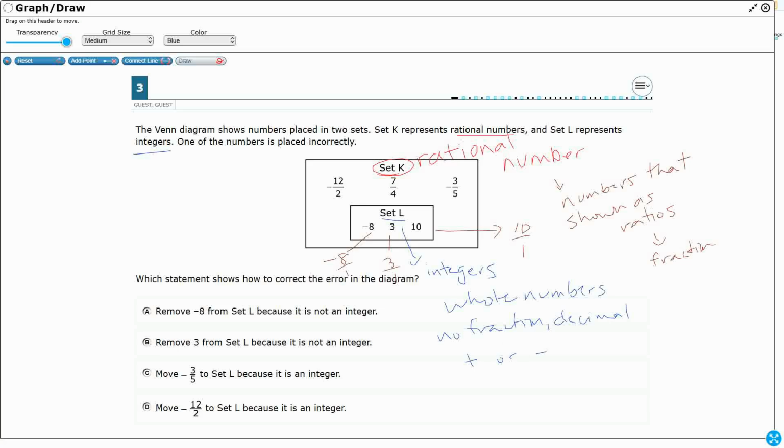So 1, 2, 3, 4, 5, 6, 7, negative 8, 10, 27. As long as there are no decimals, no fractions, we're good to go.